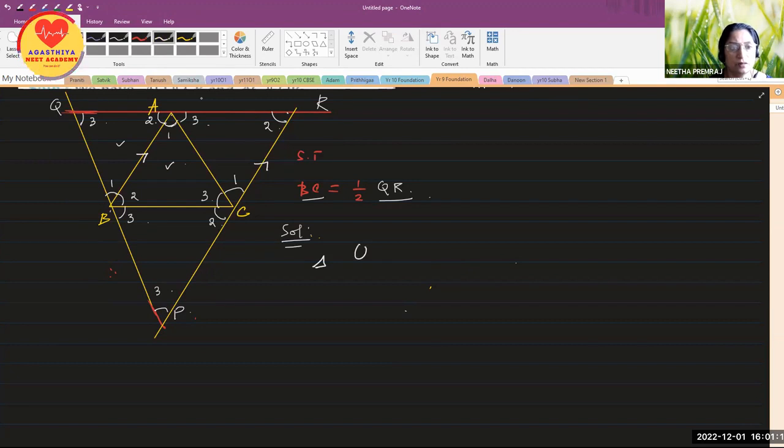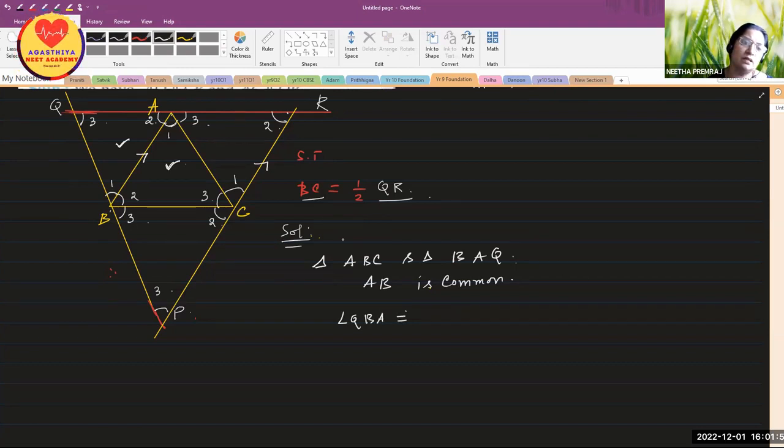If you consider these 2 triangles, AB is common for both the triangles, and angle QBA is equal to angle BAC, that is angle 1.